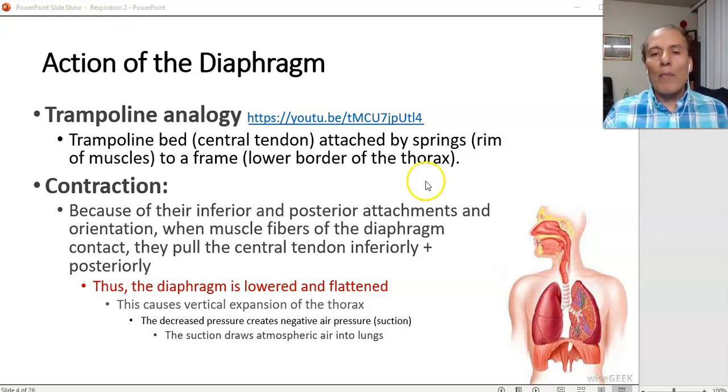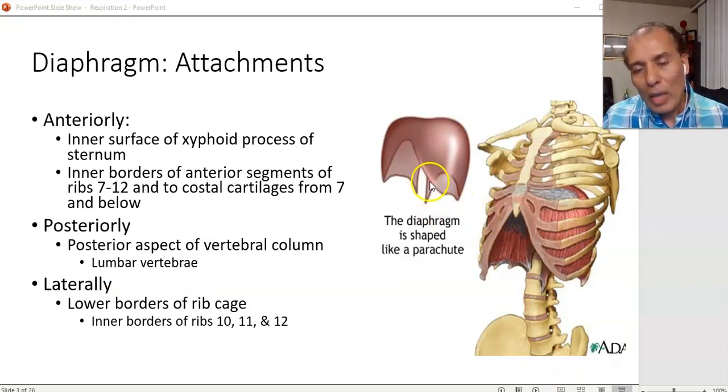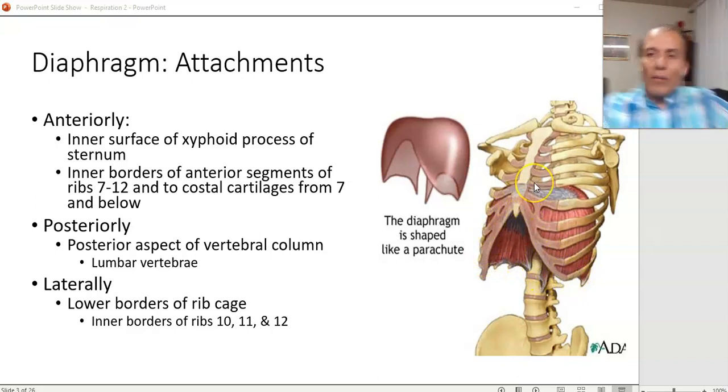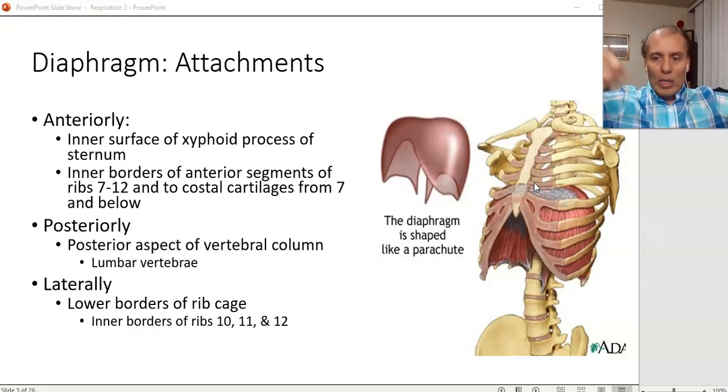So the diaphragm, let's go back here. The diaphragm is attached to the inferior borders of the thorax. As you elevate the thorax, and it expands anteriorly, posteriorly, and laterally, that is going to spread out, and it will pull on the edges of the diaphragm.